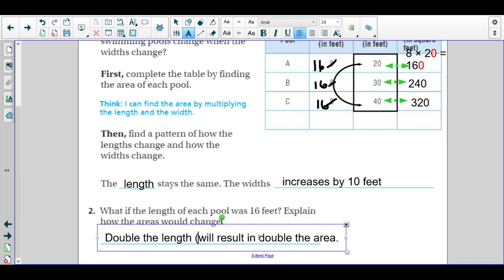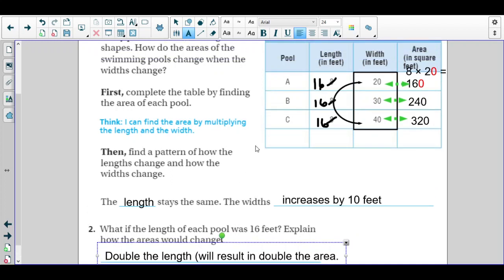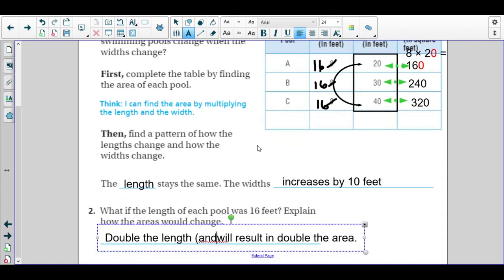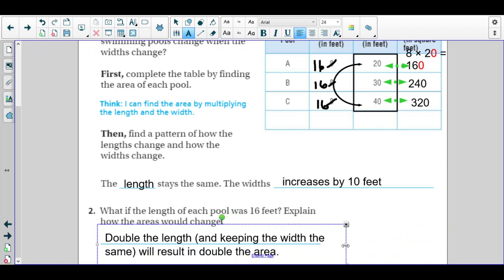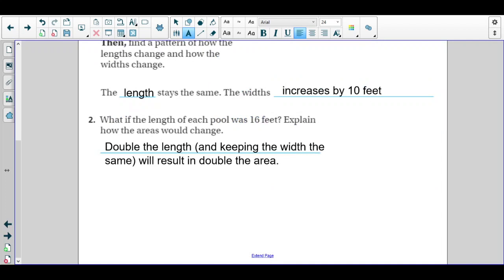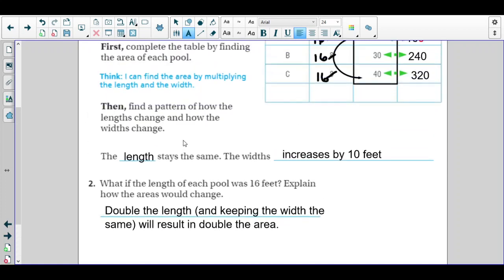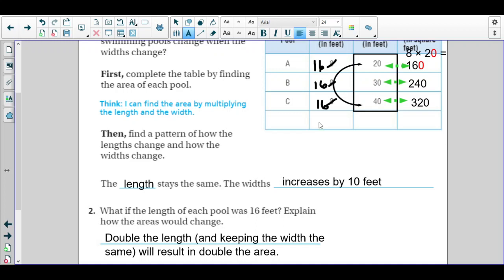And you know what? We're going to add something: doubling the length and keeping the width the same will result in double the area. All right. So, as we continue along here, I want to make sure I'm not missing anything because there's an open area right here.